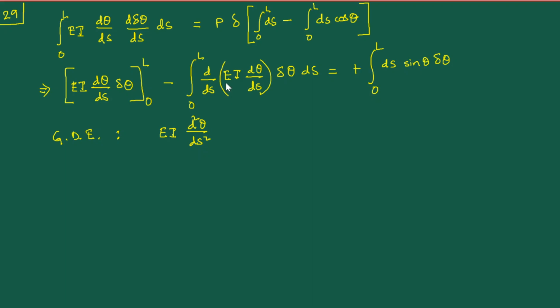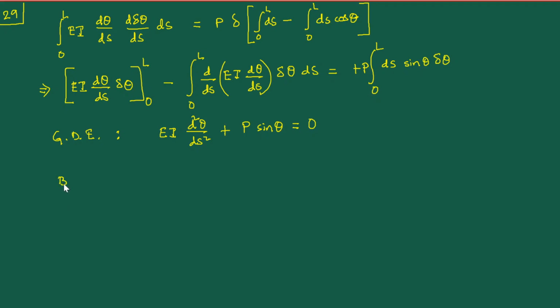Please note that I have considered this E and I to be constant with respect to s, so I'm taking this out of the differentiation. And then I have this plus, sorry, I forgot the P here, bad mistake. So plus P sine theta, that is equal to 0, because there are no other terms involving the integration with respect to s.